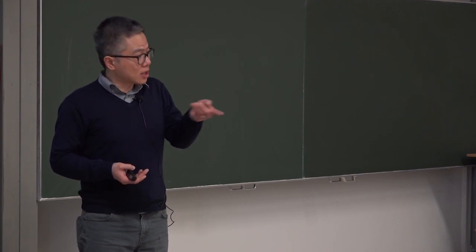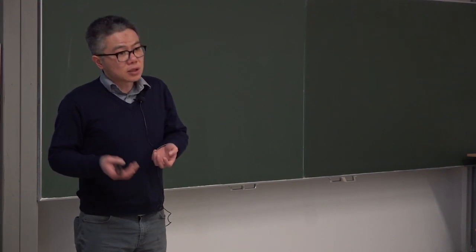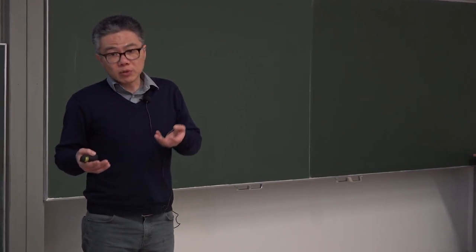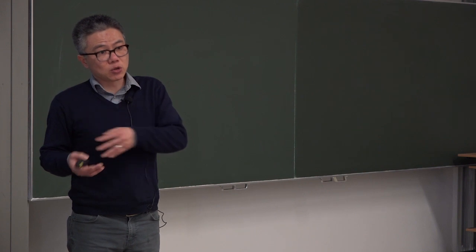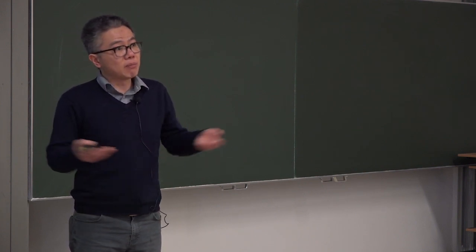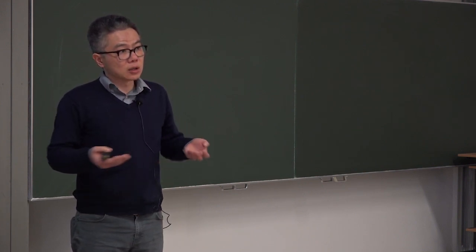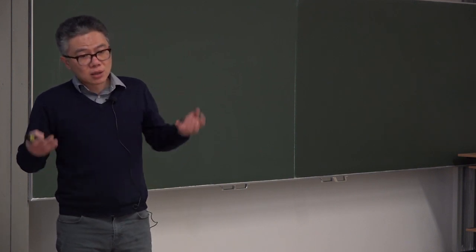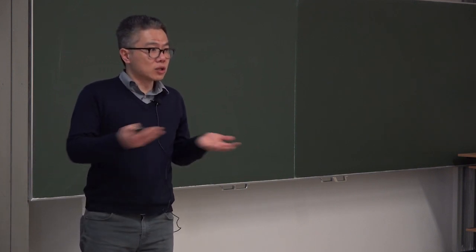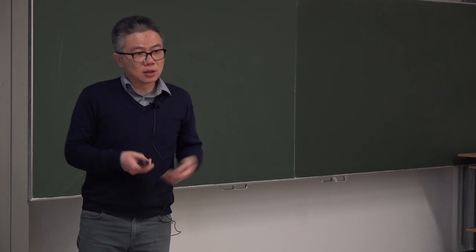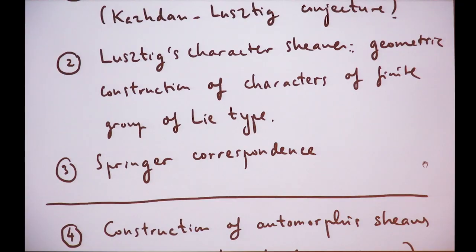How you write n as a sum of integers, right? So representations of the Weyl group, the symmetric group. So they are in some kind of bijection, at least combinatorially. But that bijection can be generalized to all groups in a more conceptual way. It's not just an observation, but it's called the Springer correspondence.